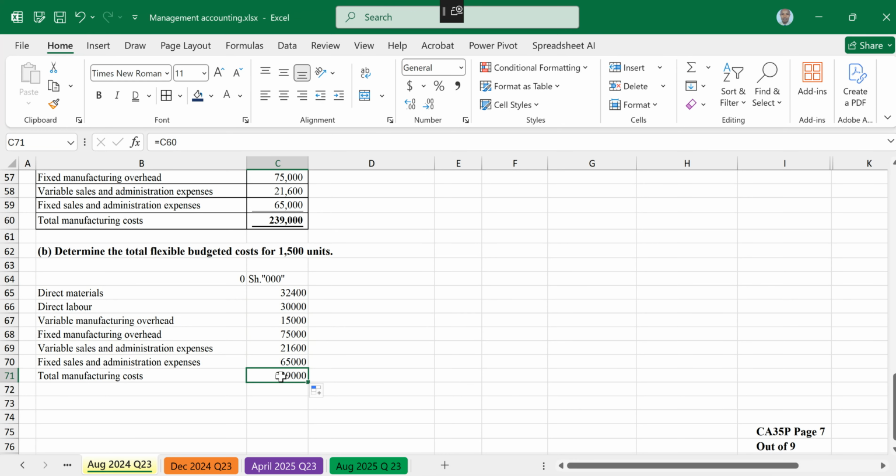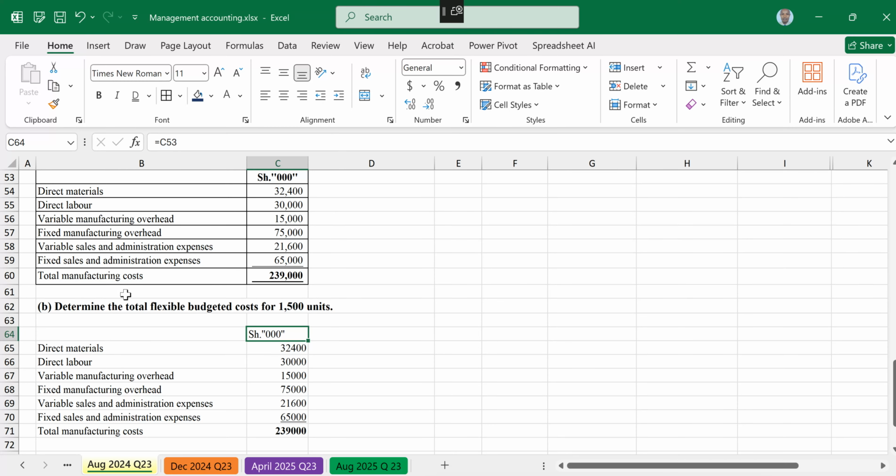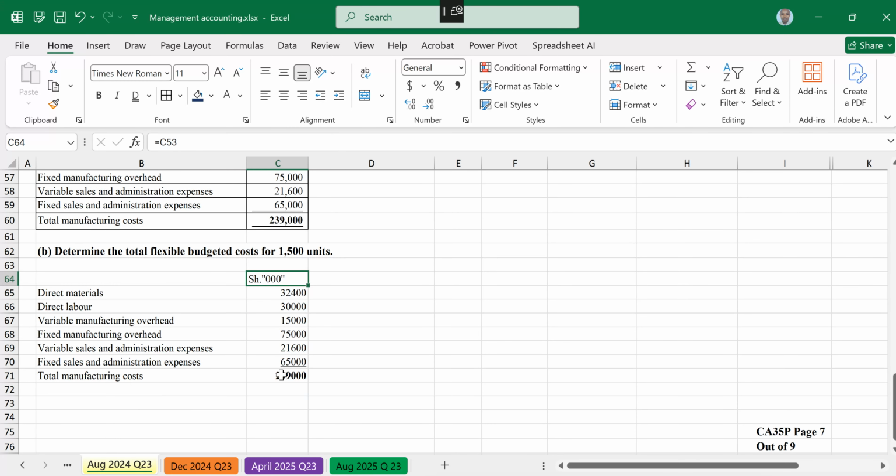That is the total that was required. So that becomes the total.